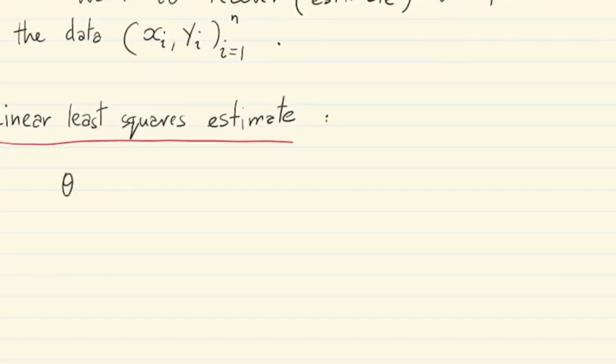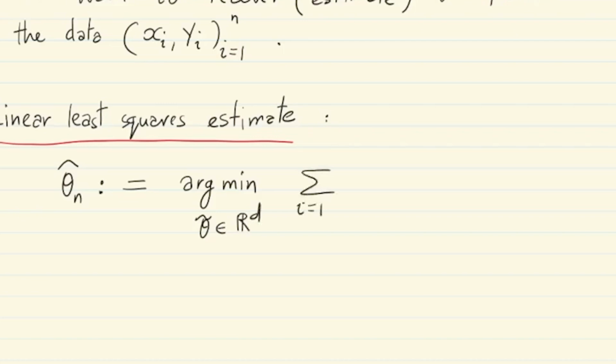The estimate for theta from these n data is defined to be theta n hat, which is the solution to a minimization problem over all possible theta tilde in Rd of the sum over your data of the fitting error, xi transpose theta tilde minus yi, squared.